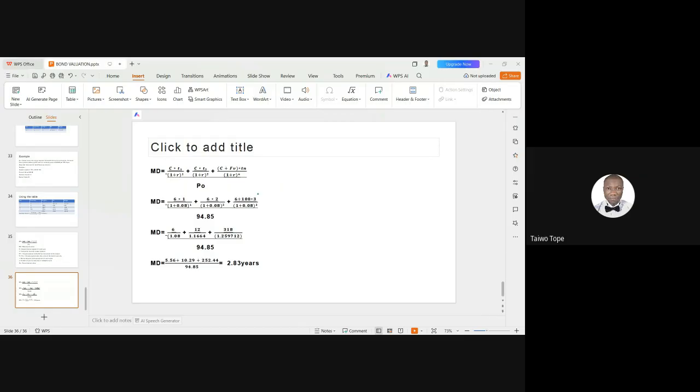So when you see a question that requires you to compare the percentage change of the duration, you'll be able to do that. So modified duration is your Macaulay duration divided by 1 plus R.